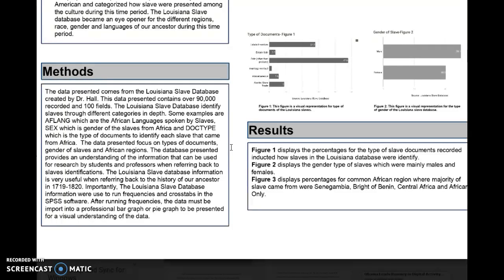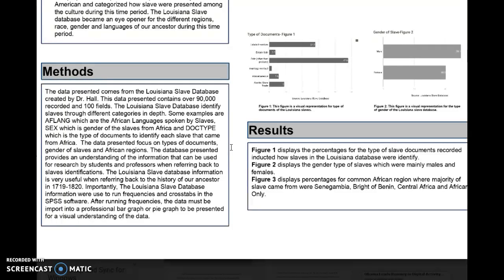The data presented focuses on the types of documents, genders of slaves, and African regions they came from. The database presents and provides an understanding of the information that can be used for research by students and professors when referring back to slave identification.